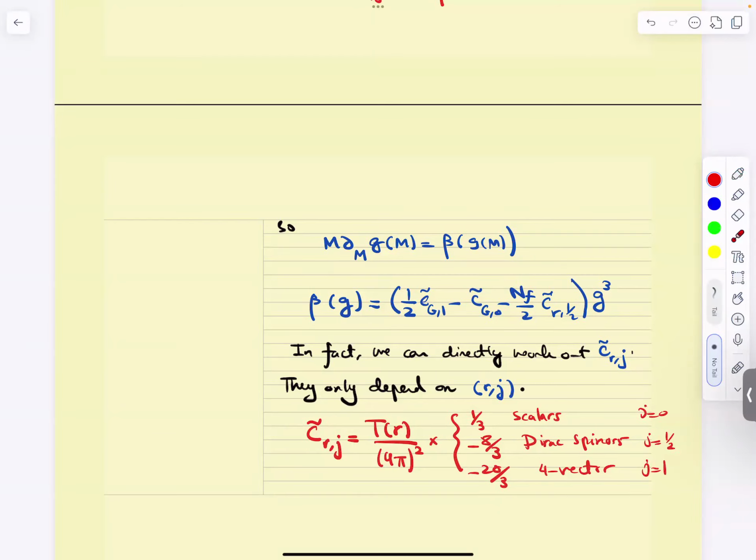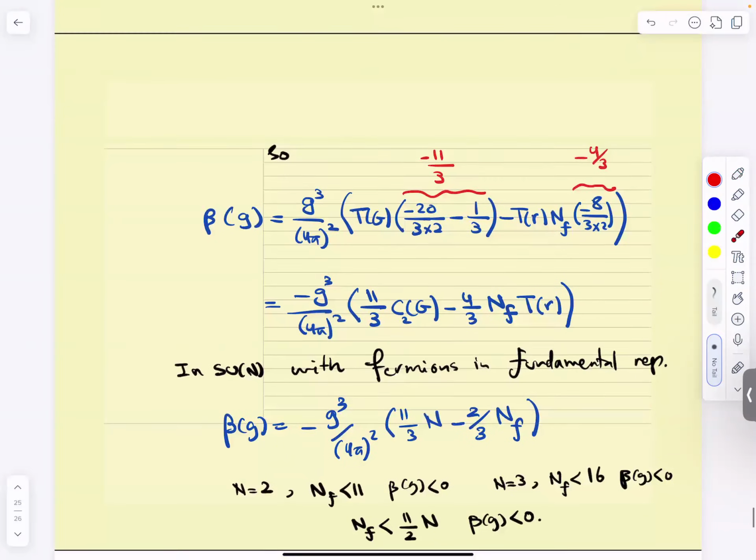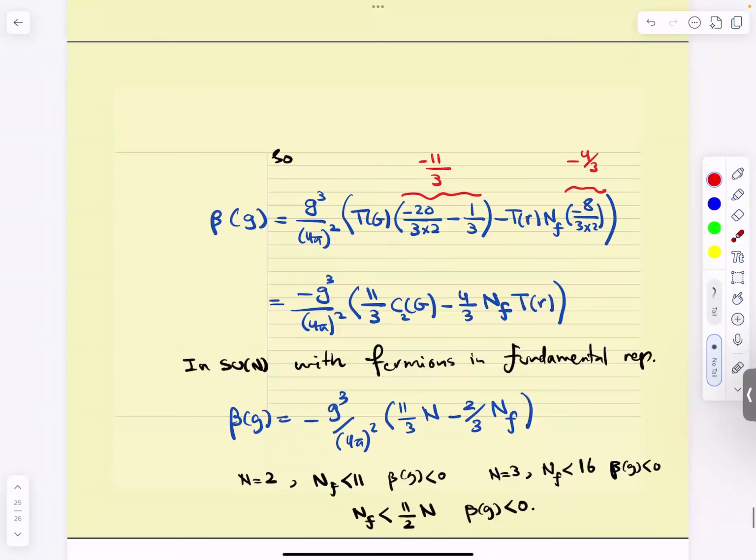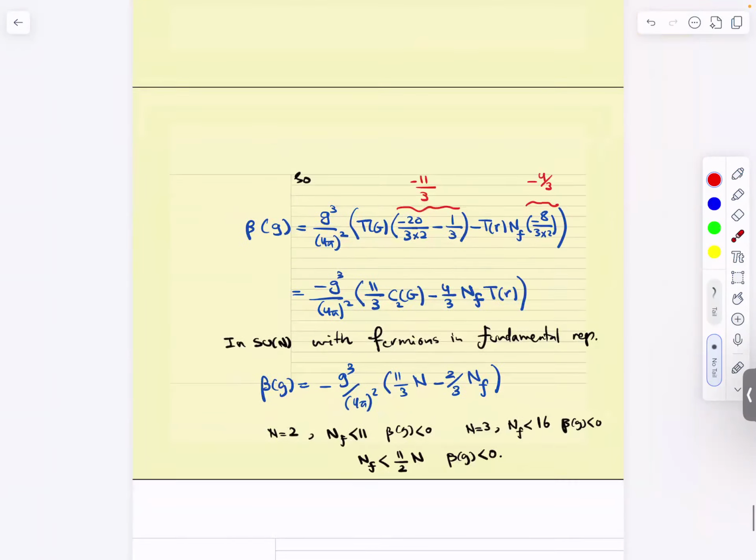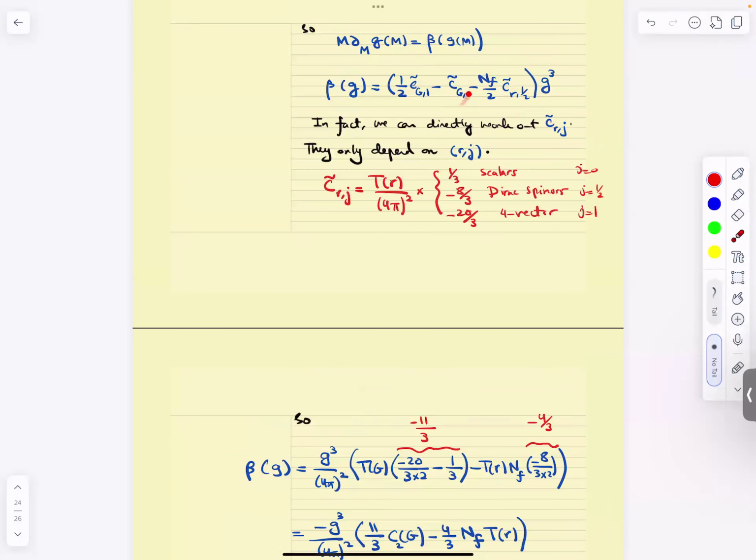All right. So now we put all of this together. What do we find? We find that the beta function will be, so what do we have? This guy is minus a third. This is minus a third. The C tilde of G1 is going to be minus 20 over 3. There's a half that you put here.